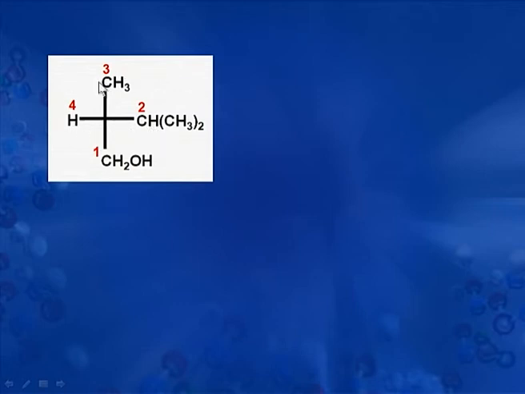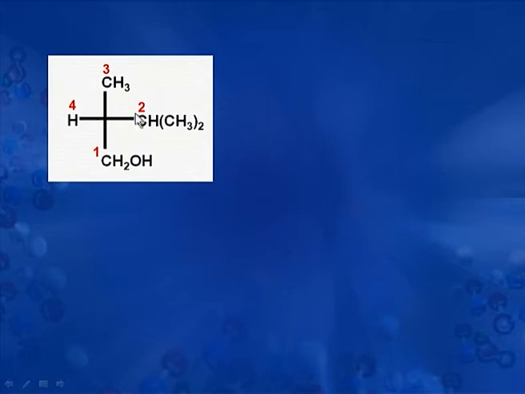So, it is just as if we are sitting on a driving seat of a car and these three groups are present on the steering wheel and this group is going towards the axle. So, just look at the steering wheel and see the position of these groups.